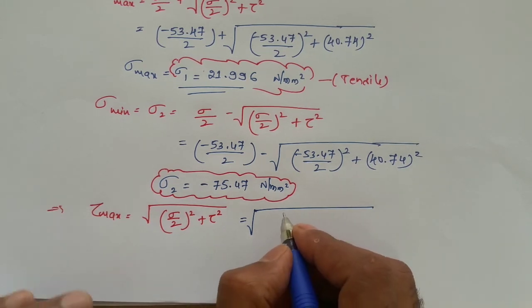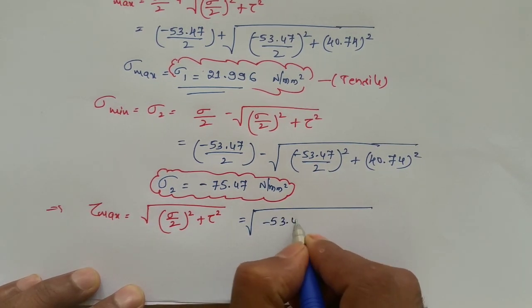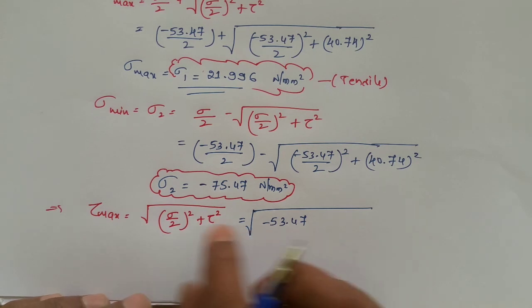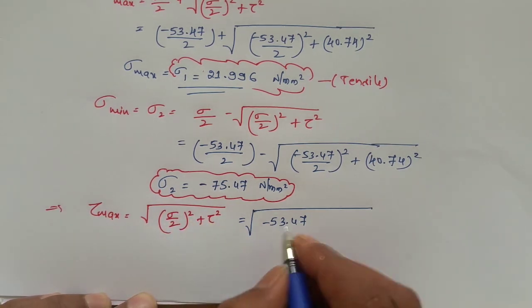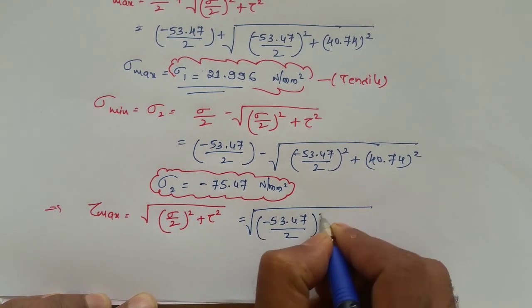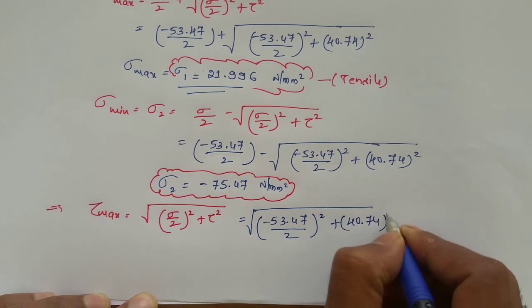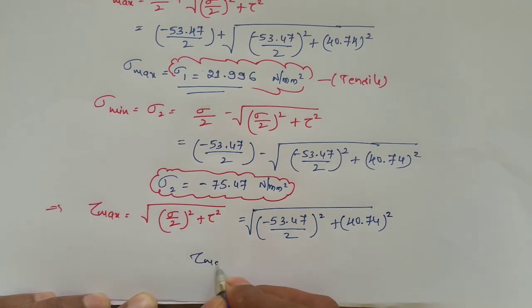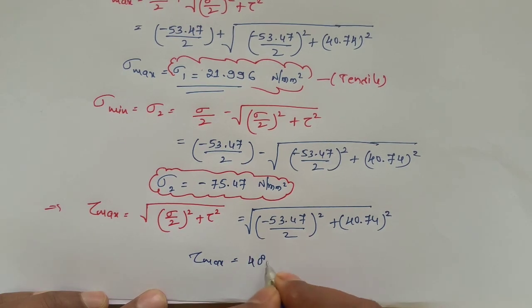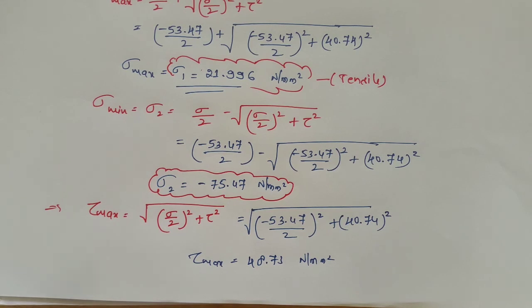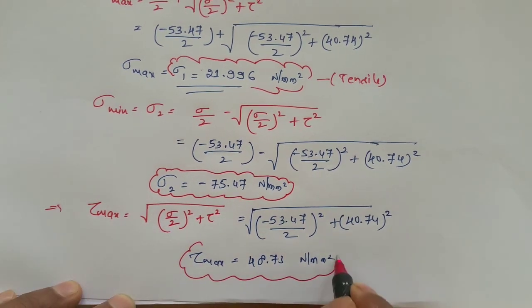Sigma is the same, minus 53.47, so minus 53.47 by 2 whole square plus tau, which is 40.74 square. So the tau maximum becomes 48.73 Newton per mm square. So these are the values we are getting for case A and case B.